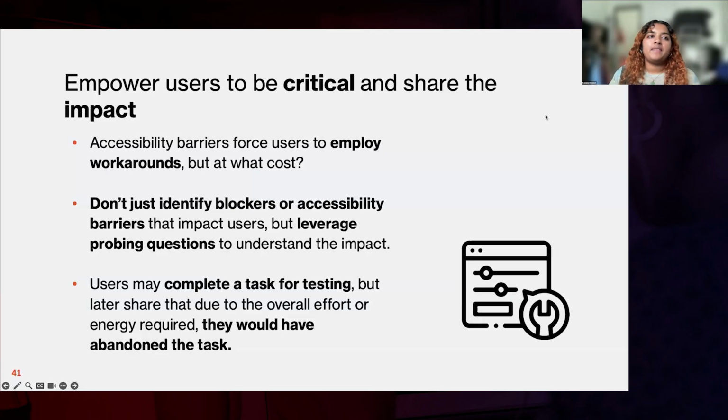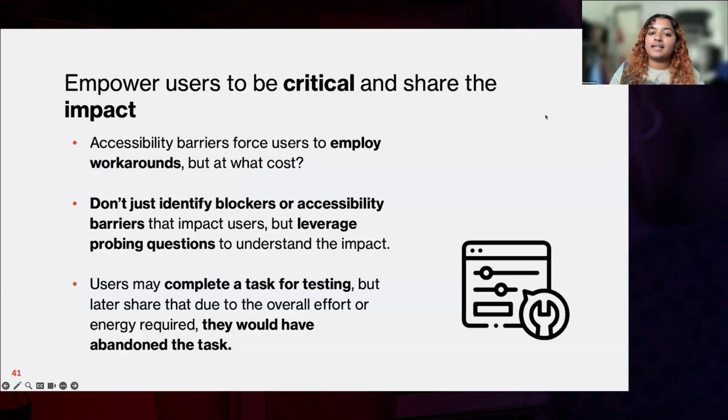And then this last point here is relating to that completion rate. Even if we have completed a task for testing purposes, I sometimes will ask the user, if we weren't testing today, if we weren't having to make you do this, would you have abandoned this task? Would you have kept going? Or would you have stopped at some point?